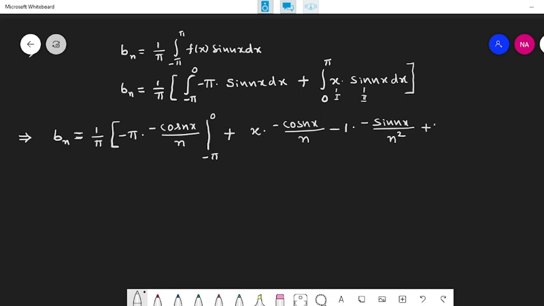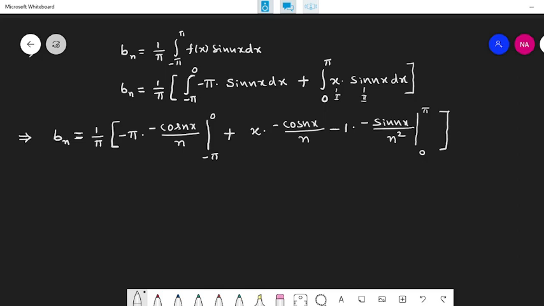Derivative of 1 is 0. So this term is not necessary, you can end up here only. And these two terms should be evaluated between 0 and pi. Okay, now let us close this bracket.